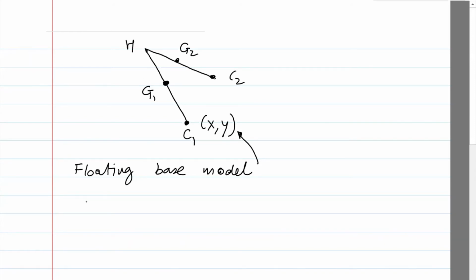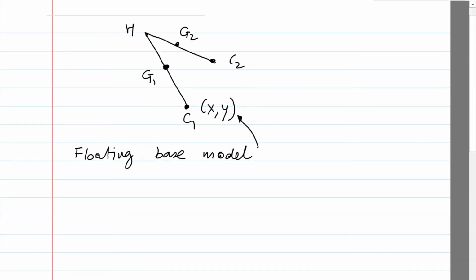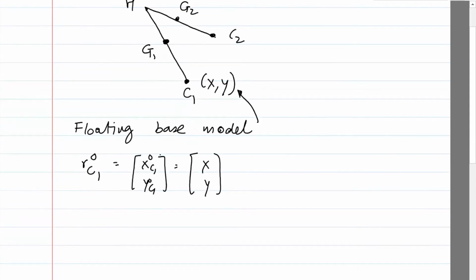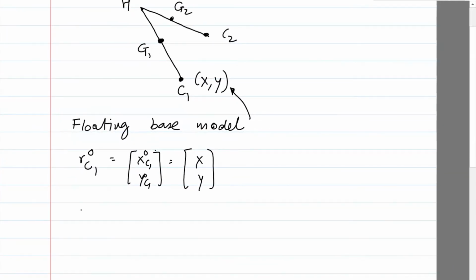And now all I need to do is describe the geometry or the positions of the different points using some of the formulas we've developed for translation rotation. So let's start. RC1 in frame 0 is simply XC1, YC1 if you like, which is nothing but X and Y. Next, I need to describe the position of G1 in frame 0.